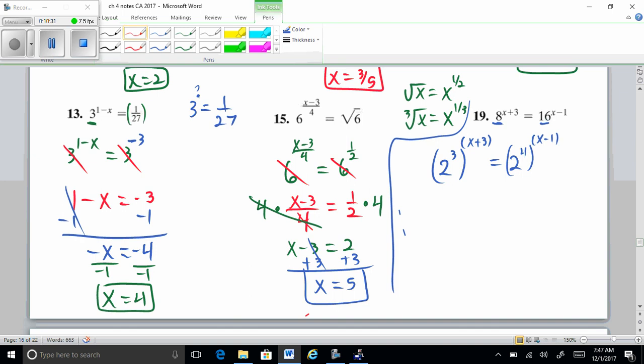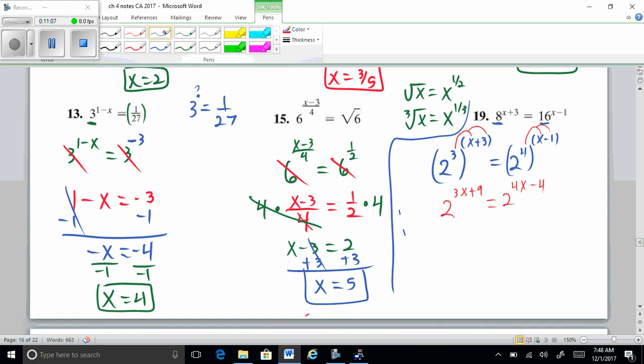So on this one, you have to be a little careful because when you do the power rule, power to a power, when you multiply this, that 3 is going to multiply to both of these, and that 4 is going to multiply to both of those. So we're going to end up with 2 raised to 3x plus 9 is equal to 2 raised to 4x minus 4. So you got to be a little careful about that. A lot of times students will only put it with the x. So make sure it goes to all parts of that exponent there.